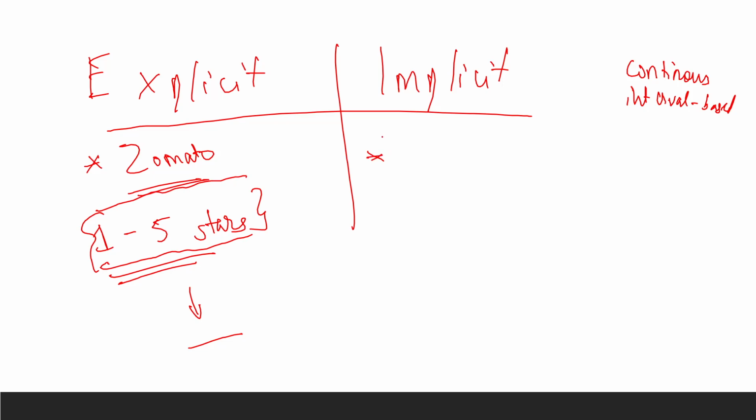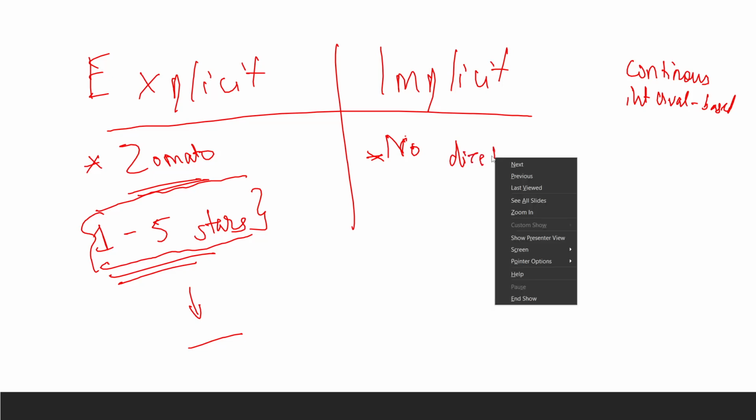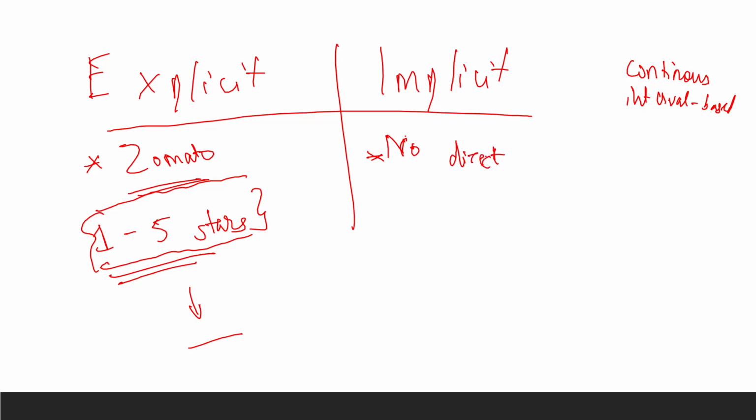But with implicit ratings, there is absolutely no direct user participation. Suppose you have a random shopping website, let's call it SW, which represents shopping website. The website has a mechanism called a counter. The shopping website can see, for each particular user, how many times the person has logged in.